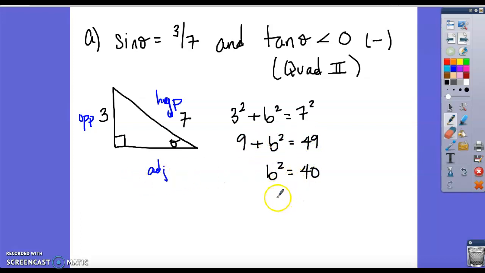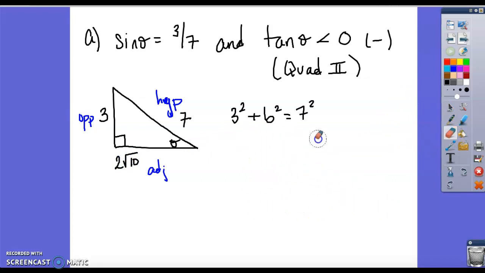So b is the square root of 40, which is going to simplify to 2 square root of 10.